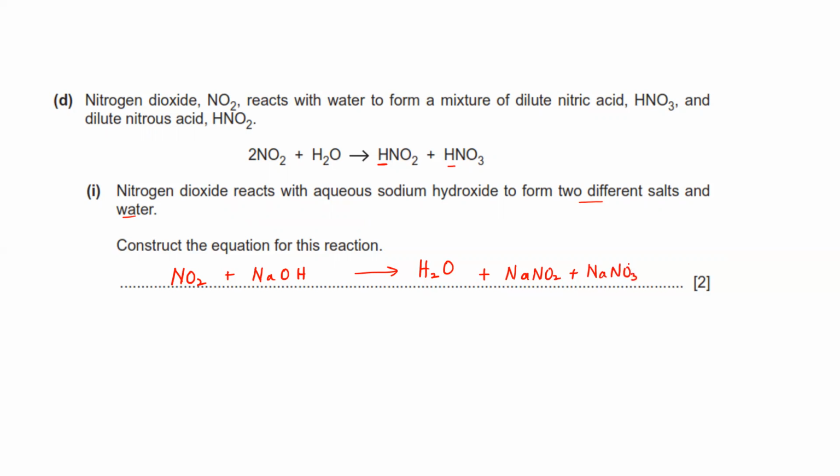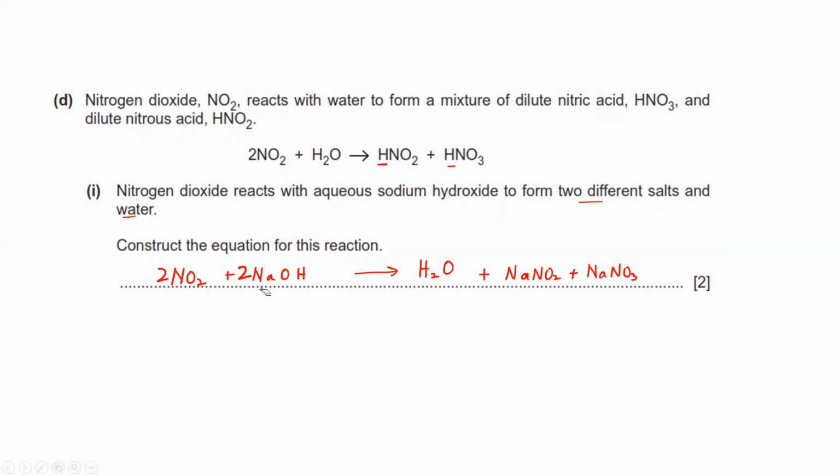So now let's try to balance it. Sodium is 1 here and we have 2 sodium here. So what if we add 2 here? So we have 2 nitrogen here and 2 nitrogen there. We have 3 and 2, 5 and 1, 6 oxygen, and 2, 4 and 2, 6 oxygen. We have 2 hydrogen, 2 hydrogen. Okay, so this is how you can write this equation.